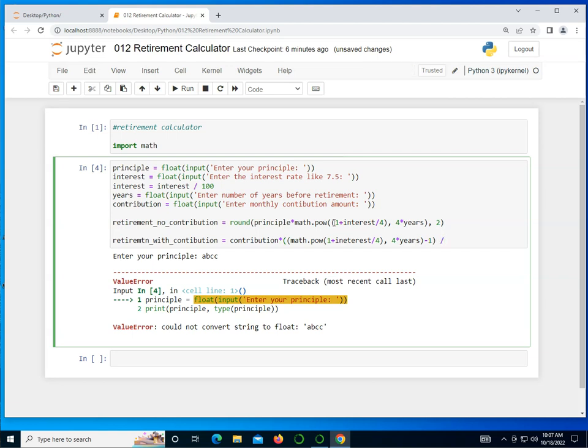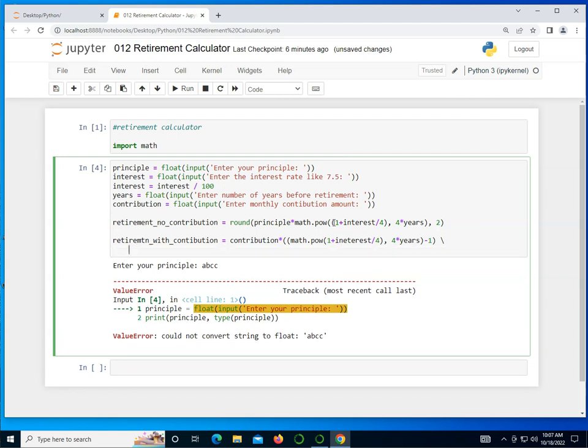Since this is going to go on a separate line, I'm going to do a backslash, which is a way to tell Python that there's a line break here, but ignore it. Remember that I misspelled retirement here; it's important to Python. So I can continue with the rest of my formula down here, which gives me more room to work with.